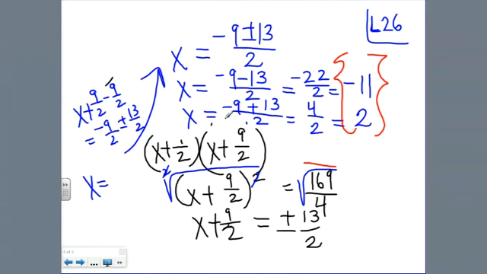So let's look at the next problem. Well, the first step is to move the -1 to the right-hand side by adding 1 to both sides.